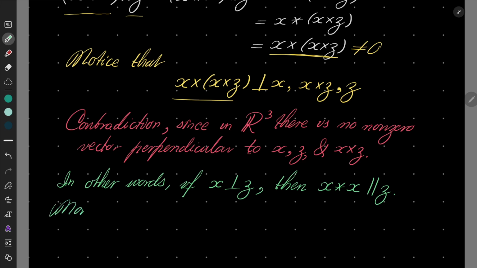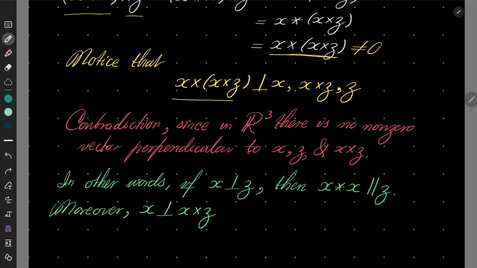Moreover, x is also perpendicular to x cross z. Why is that? Well, again, by definition or by property, x cross z is perpendicular to both x and z.